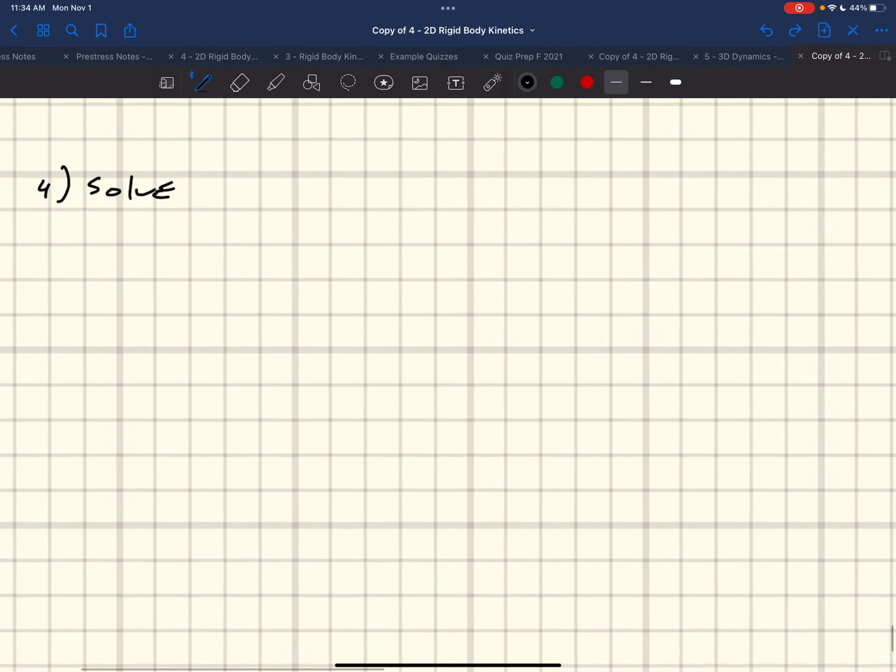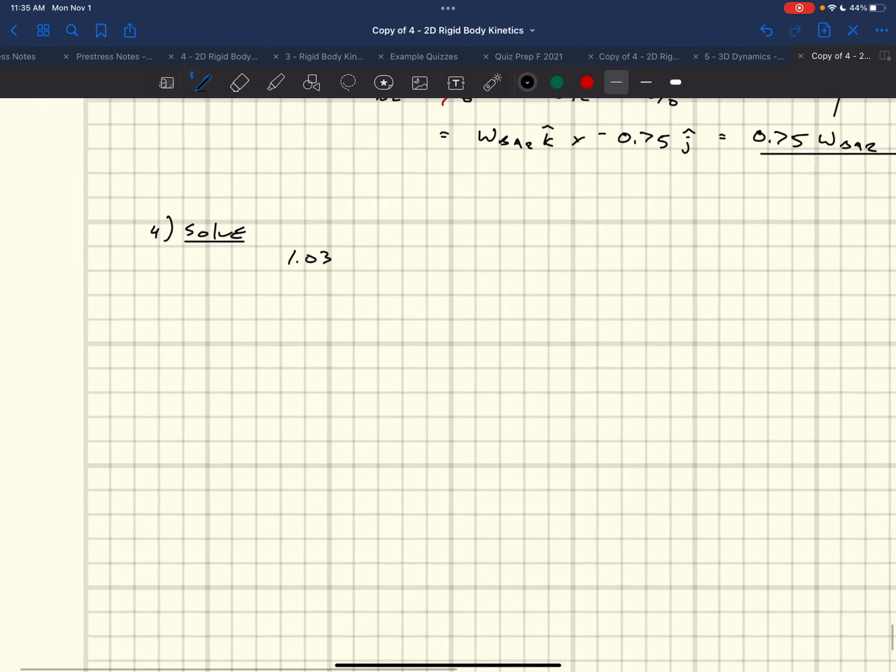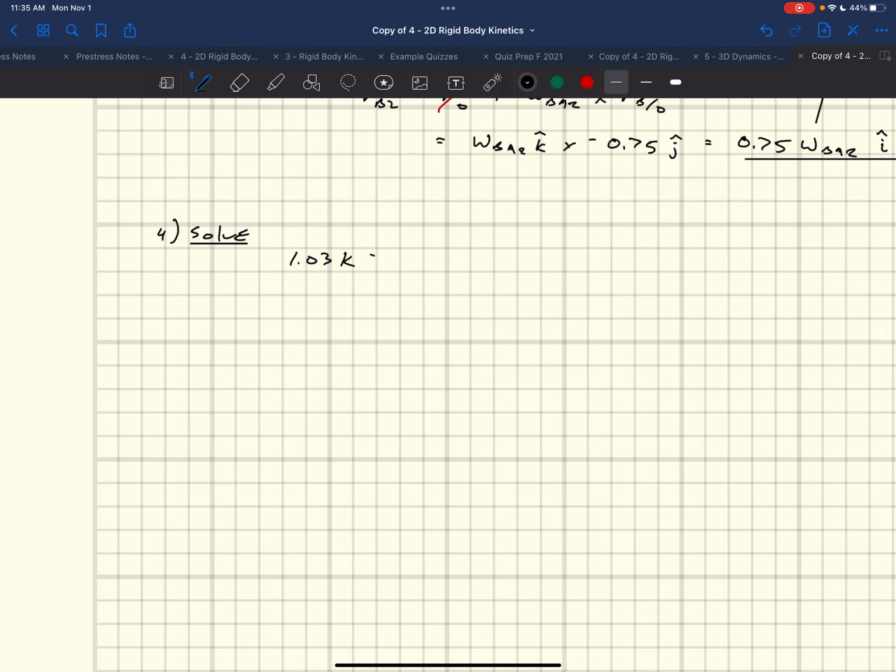So all we're left with is the K direction. This ends up being 1.03 K equal to 0.75 times VB2. VB2 is just 0.75 times omega bar. That's where that came from, times the mass, 0.004, all that times omega bar.